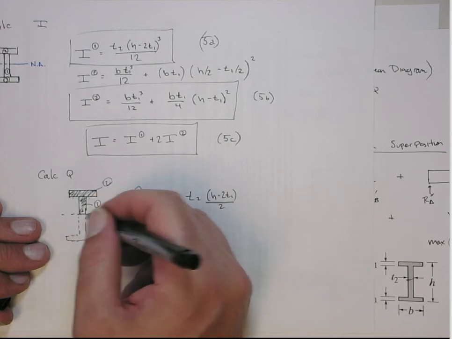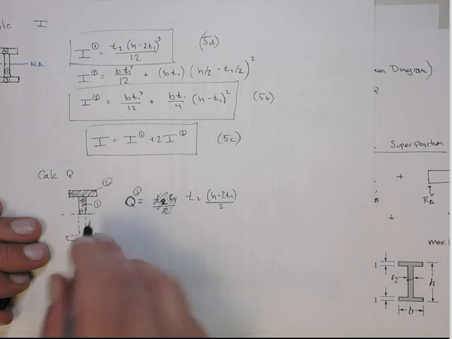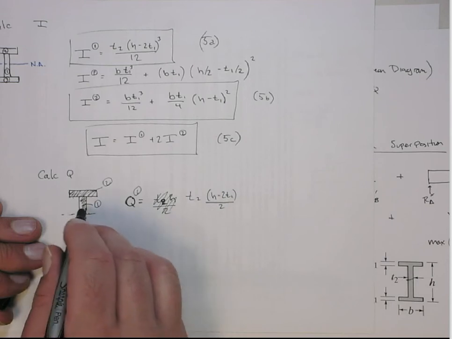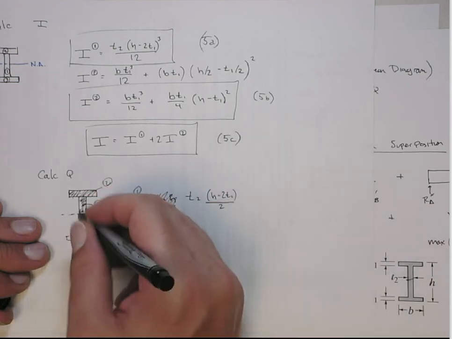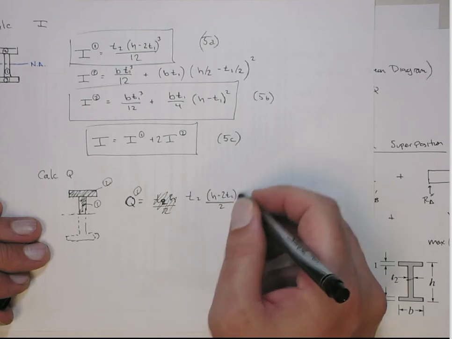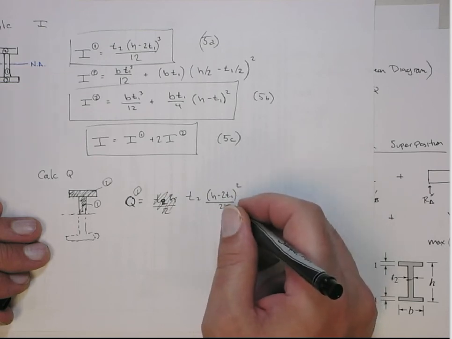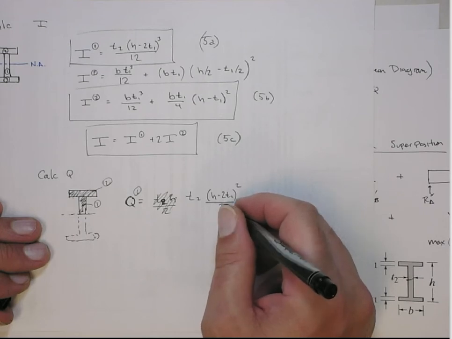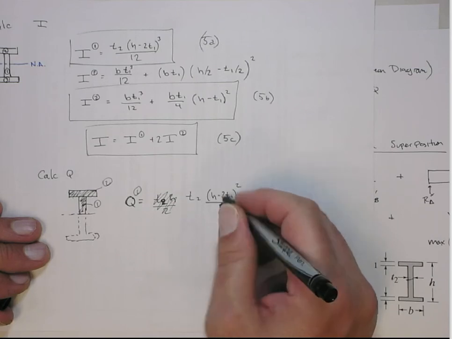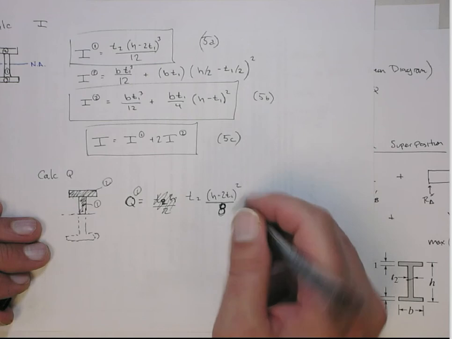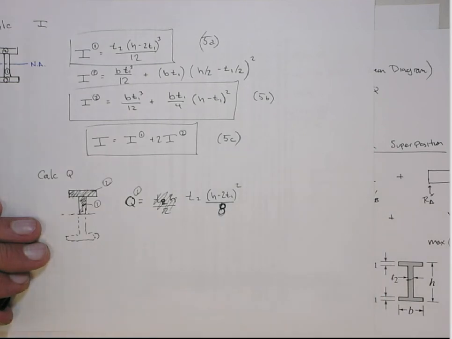We divide that by 2. And now the distance from the neutral axis to the centroid is going to be that same distance divided by 2. So that puts an 8 down here, right? Because that 2 came from this total distance, so I square that. So that's the Q for shape 1.